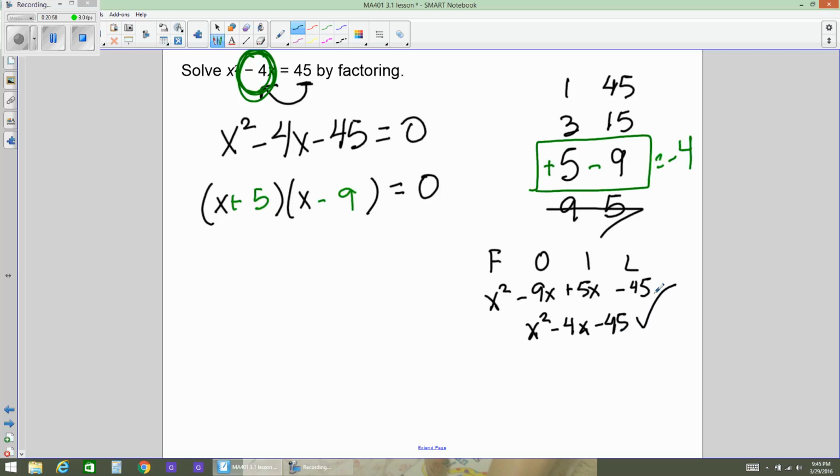Okay, we're not done yet. It said solve using factoring, and they want us to use that zero product property. So what we do is we say, well, x plus 5 has to be 0, or x minus 9 has to be 0. So that means x equals negative 5, or x equals 9.